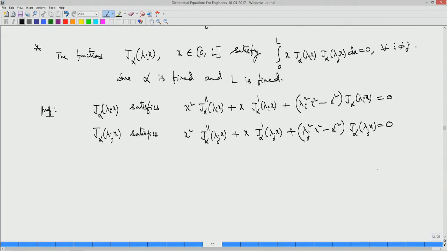What I do is multiply this equation by j alpha of lambda j x, and the other equation by j alpha of lambda I x. Multiplying both sides makes no change.